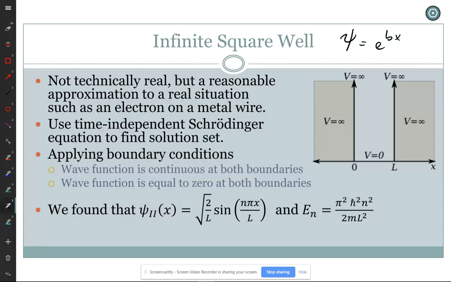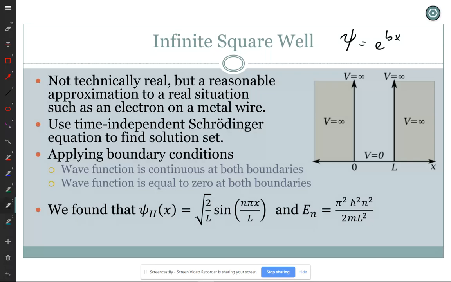Where in the process did quantum come into our quantum physics? When we were finding what values the wave function could have, the kx. When we were applying the boundary conditions.